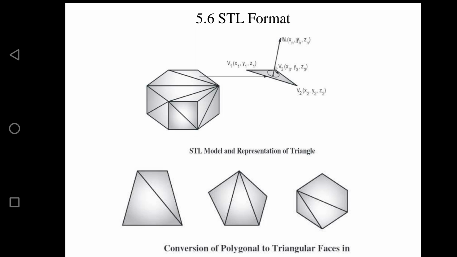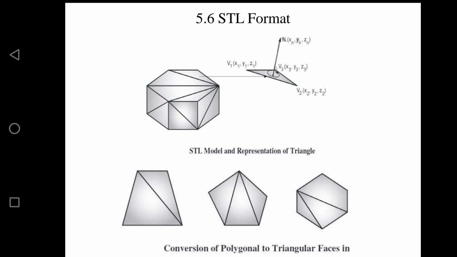So what is the stereolithography file format? This stereolithography file format represents a three-dimensional surface as an assembly of planar triangles. Assembly of planar triangles, like the facets of cut jewels. Even if you have a simple surface, like a simple two-dimensional surface, we are going to represent that surface as planar triangles.